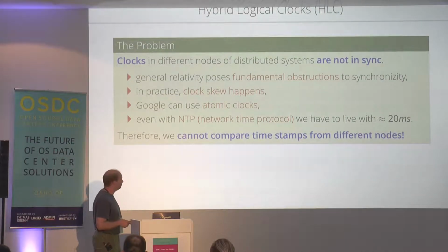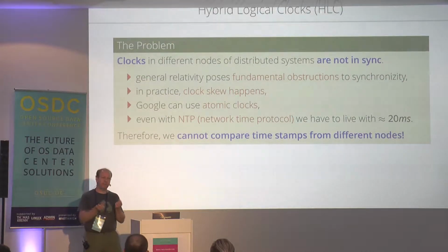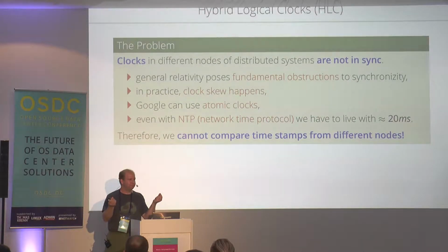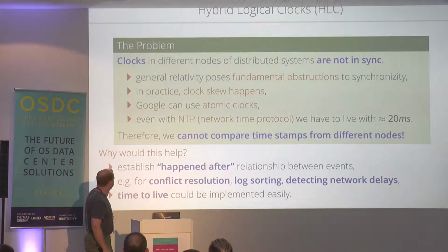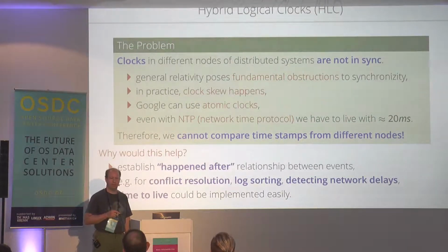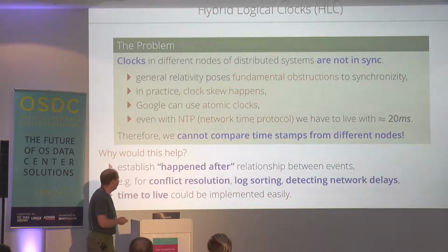So why is this a problem? The problem is if we take timestamps on different machines, we cannot compare them. If this timestamp is smaller than that on the other machine, it seems that this event has happened before that, but that might not be true. It might just be a clock running late. So for all sorts of problems, whenever you want to understand what happens after what, we are in some kind of serious trouble.